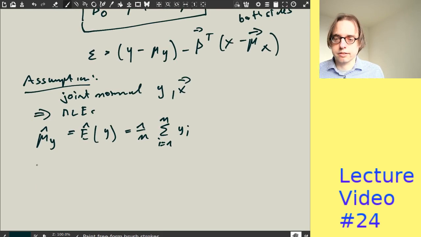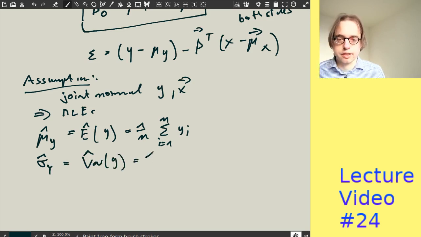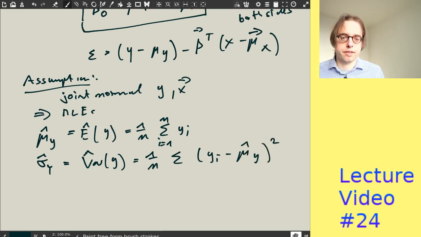Then we can also compute the corresponding variance of y, and this is the empirical variance of y, and note that I'm using 1 over n. So that's for the y.